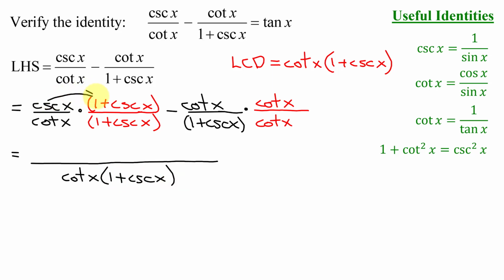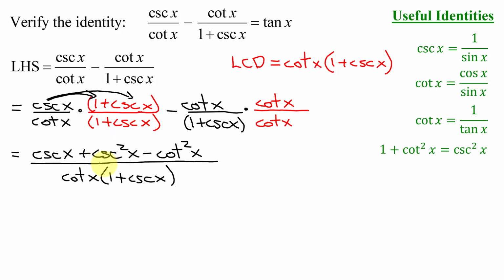Working on my numerator, the cosecant of x times 1 is just the cosecant of x. The cosecant of x times the cosecant of x is going to give me plus cosecant squared x, minus the cotangent of x times the cotangent of x, which is cotangent squared x.